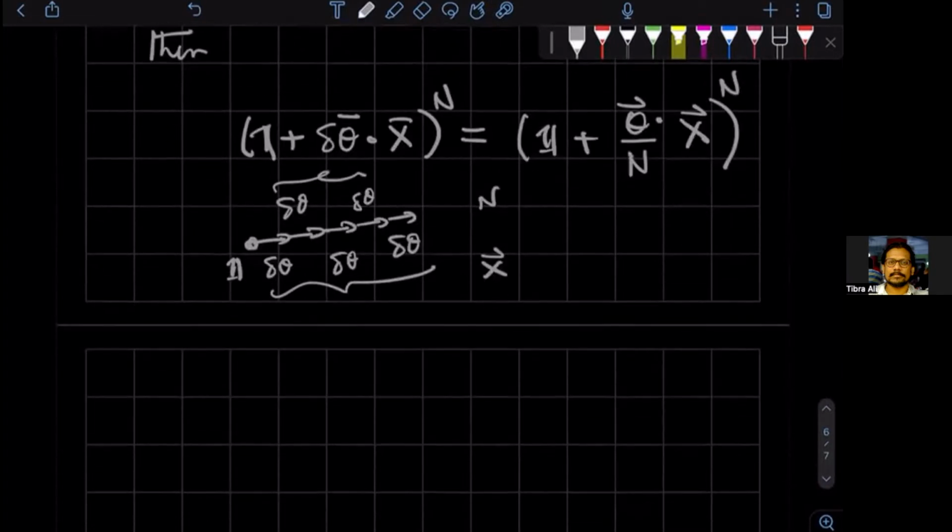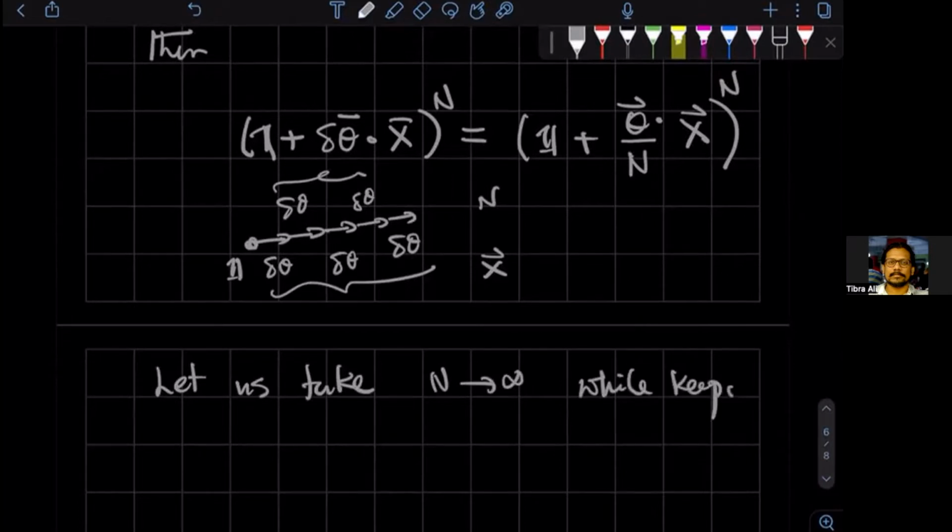All right. So now let us take n to infinity, while keeping theta finite. Okay, not infinitesimal, finite, right?